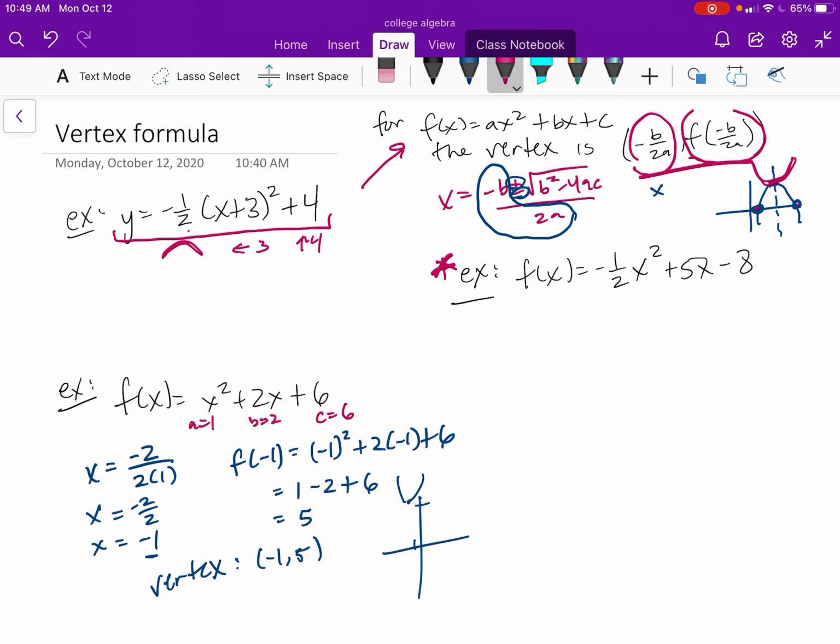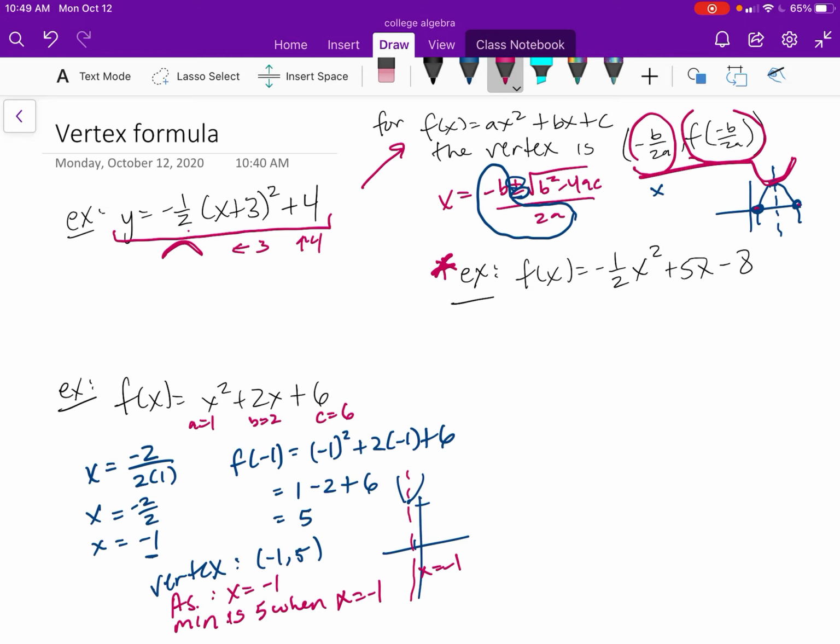That means the axis of symmetry is x equals negative 1, right? It's whatever vertical line creates a mirror image that it reflects across. And I know this has a min. The min is 5 when x equals negative 1.